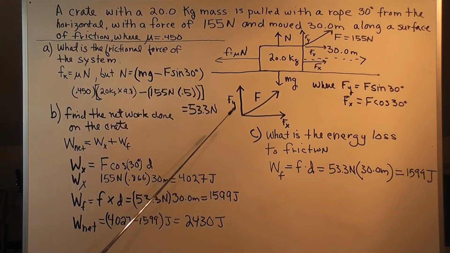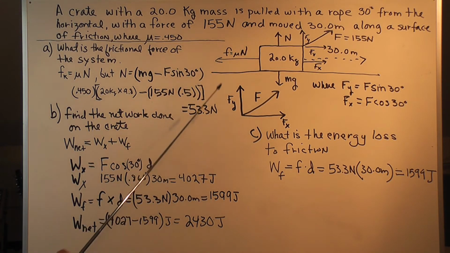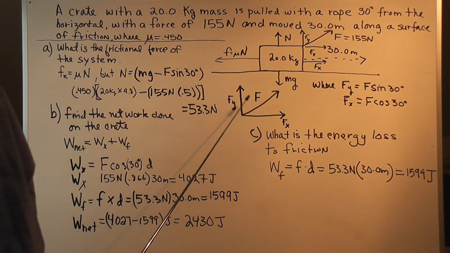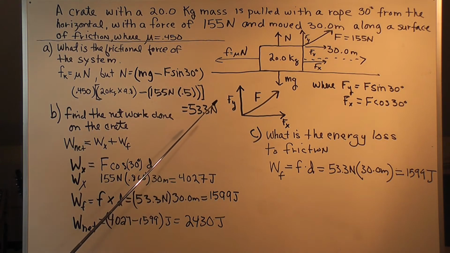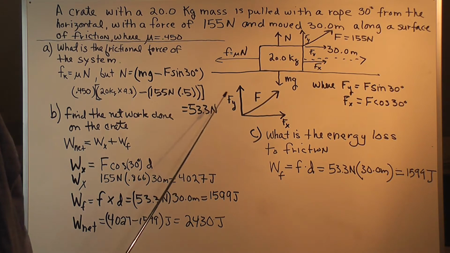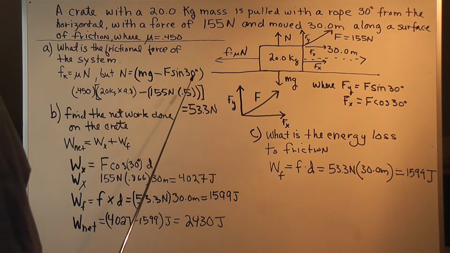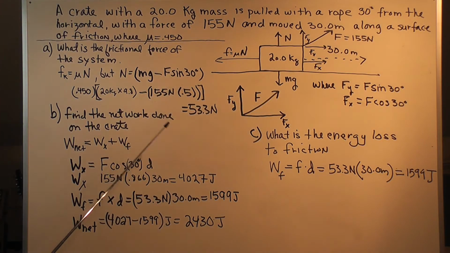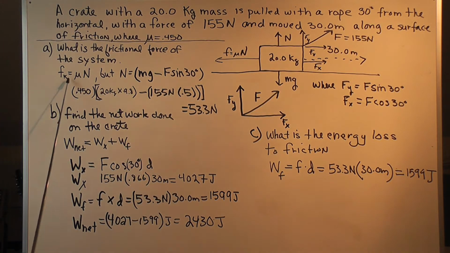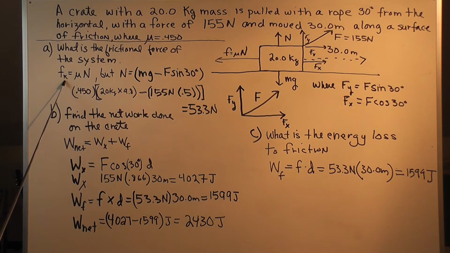And this is going to cause a lifting effect that is actually going to make the crate a little bit lighter in weight. And so that's going to add to that change in friction. And so how does that change it? Well, we know that a frictional force is mu times the normal force.